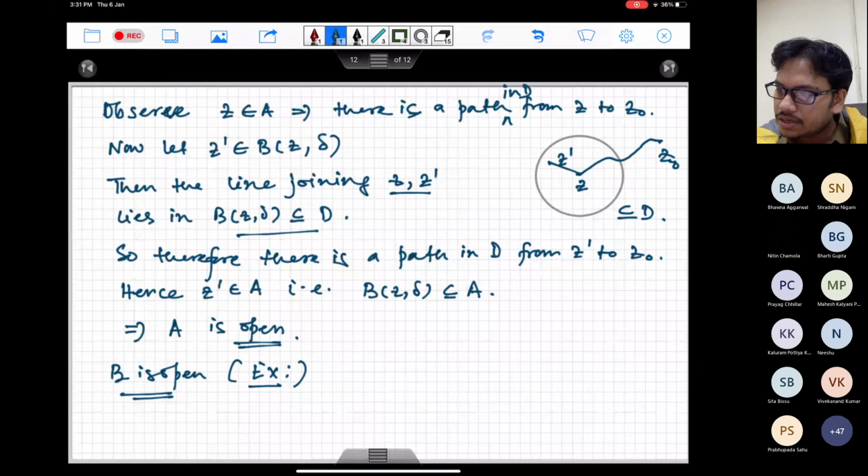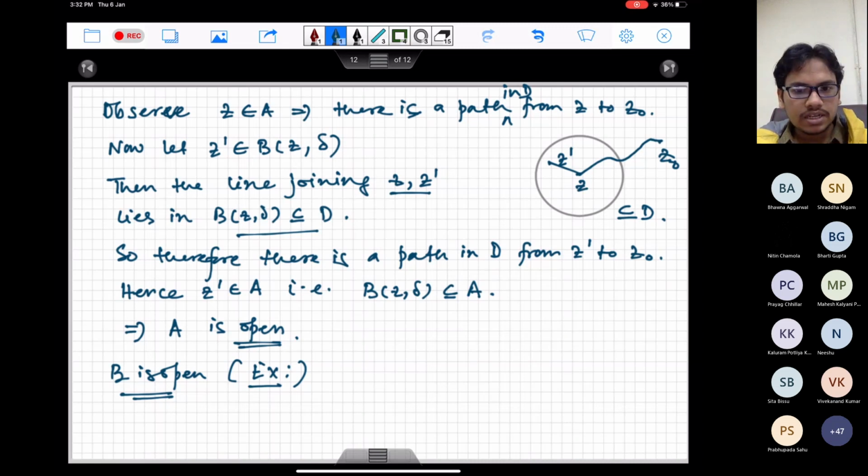There is nothing difficult over here, and the proof is going to use exactly the same idea: you will be able to have a ball, and if your center is connected to Z naught, all other points are going to be connected to Z naught.